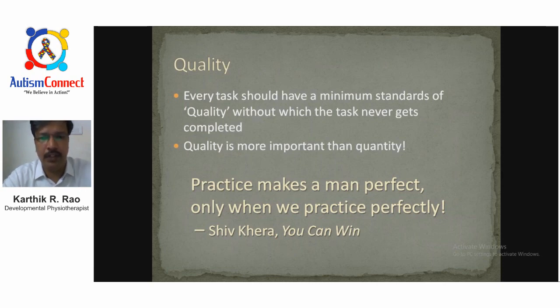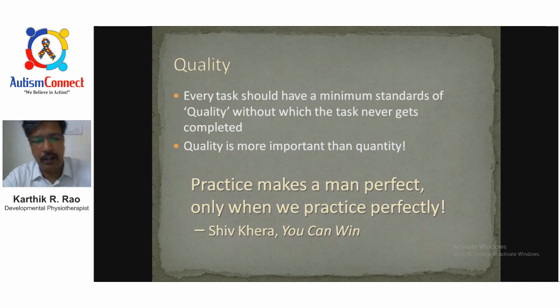They just want to finish it for the sake of finishing it. The same applies for handwriting. They want to write fast. They're not concerned about spelling mistakes or even writing within the lines. So a quality parameter is very important, and the child will be able to learn only when the required quality is good enough. Quality is more important than quantity.